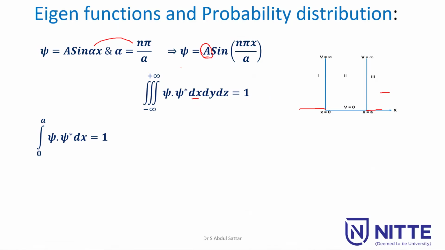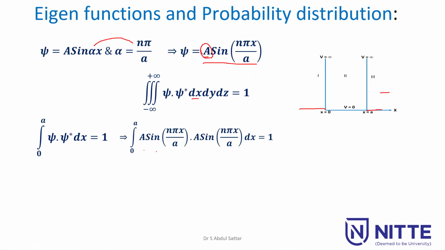What is the psi value? A sin n pi x by a. What is the psi star? Complex conjugate of psi. But here the psi is A sin n pi x by a. It is totally real, there is no imaginary part. So the complex conjugate of a real number is the same number itself. So psi and psi star are also the same, that is A sin n pi x by a.